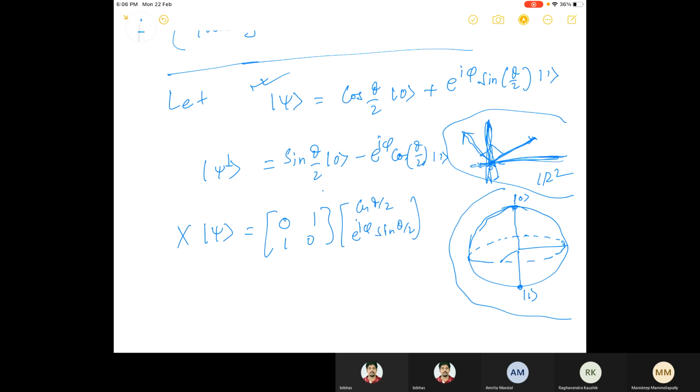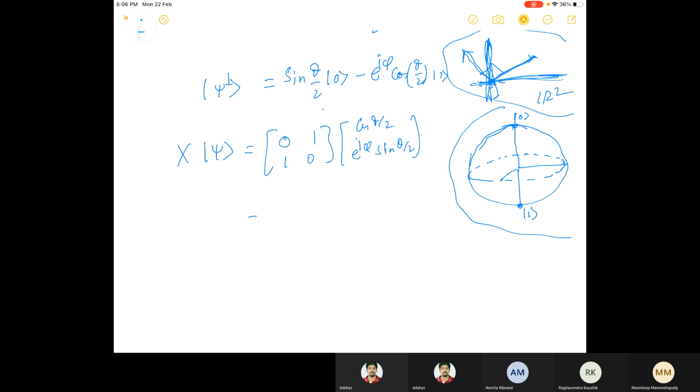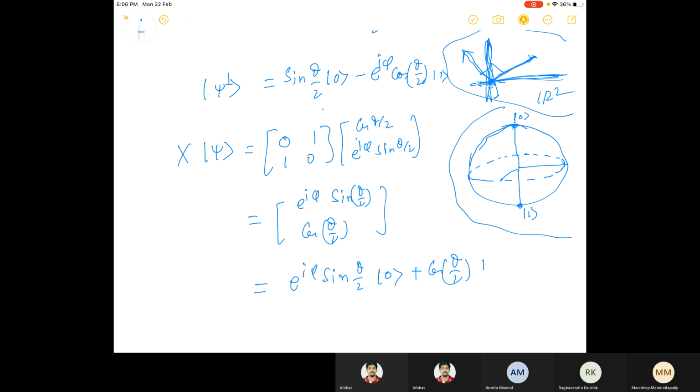If you do that, you will get e to the power i phi sine theta by 2, and the other entry is cos theta by 2. In terms of qubits, you can write it as e to the power i phi sine theta by 2 |0> plus cos theta by 2 |1>.